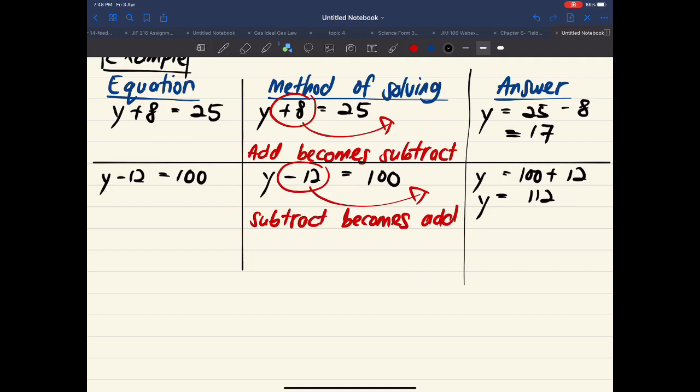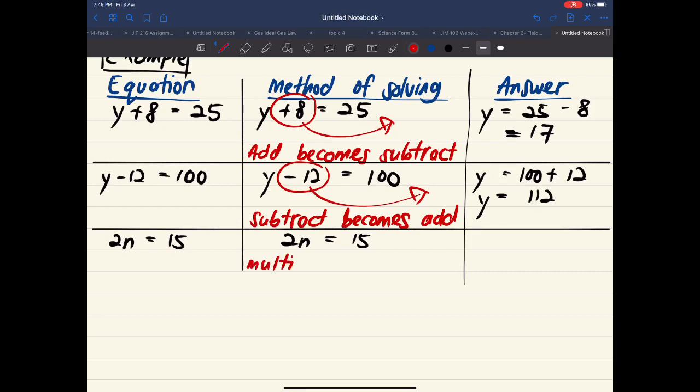Okay, let's see one more example. 2n equals to 15. How about this question? What do you have to do? Do you have any idea? If yes, then good. Okay, so now here what you have to do is multiply becomes divide.